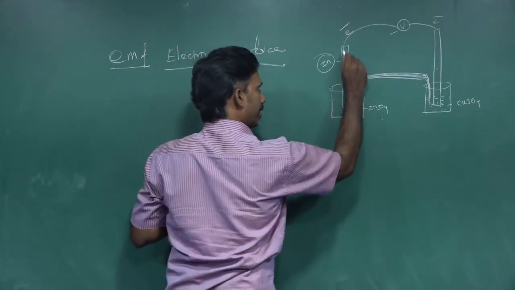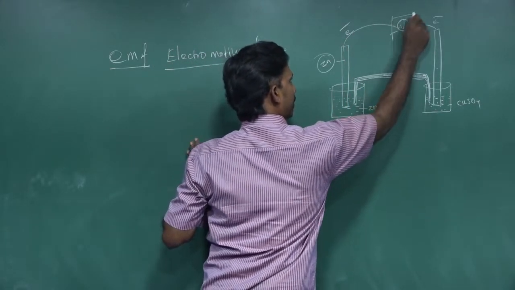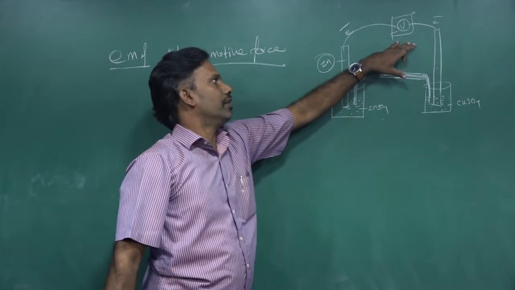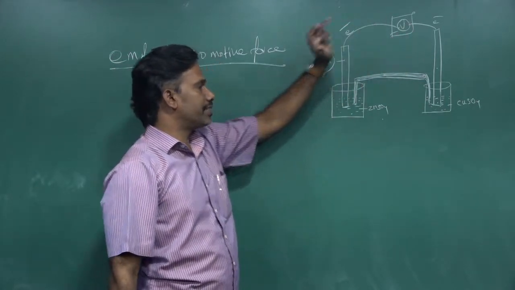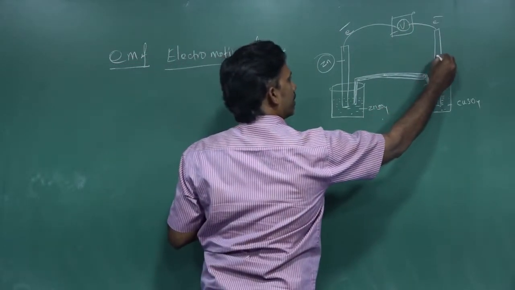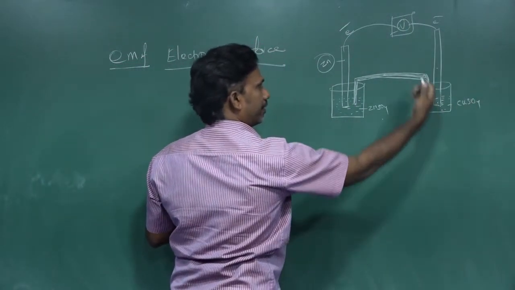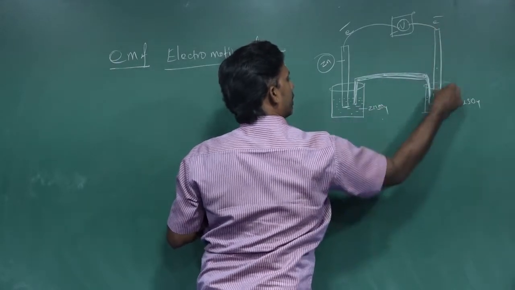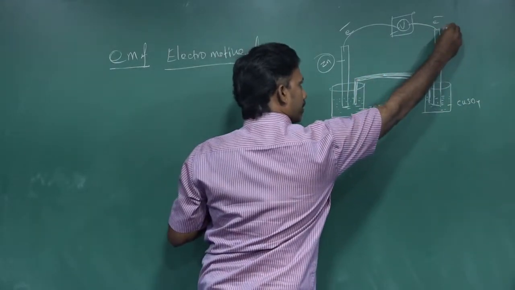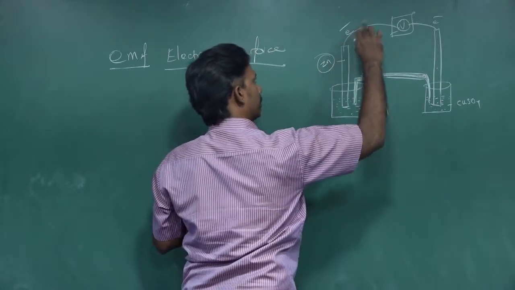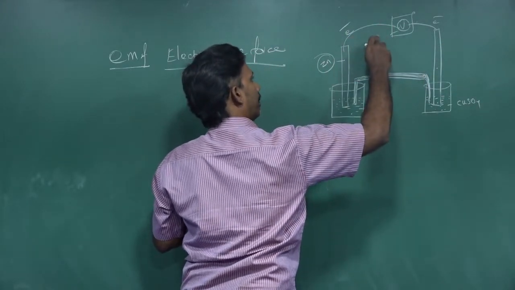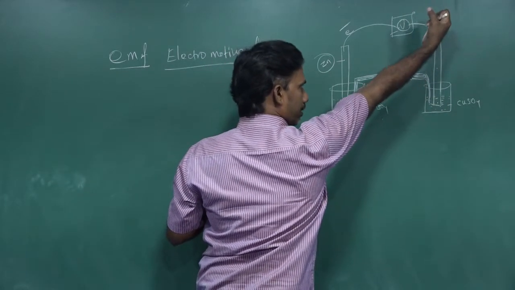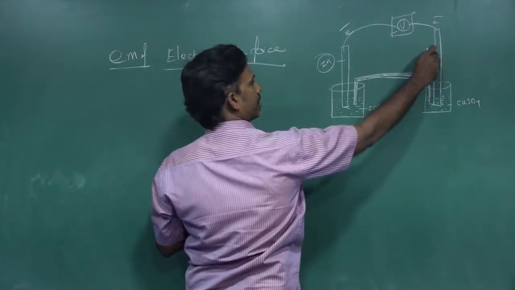What is the potential difference? It can be measured by a digital voltmeter. With a voltmeter, we can measure the force of the electrode potential difference. Here there is a tendency to gain electrons, to receive electrons, and that tendency we can measure. The anode pushes the electrons and the cathode pulls the electrons towards it.